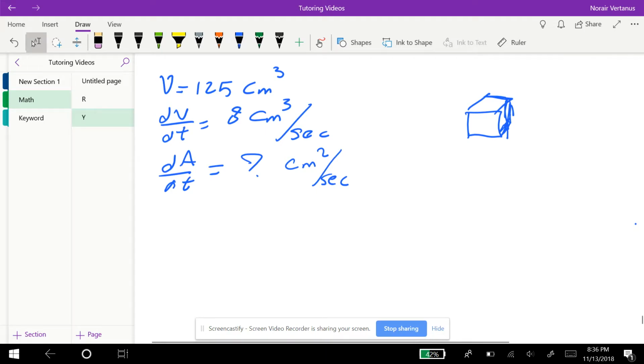So two formulas. The total surface area of the cube is equal to, so it's a cube where all the dimensions are the same.